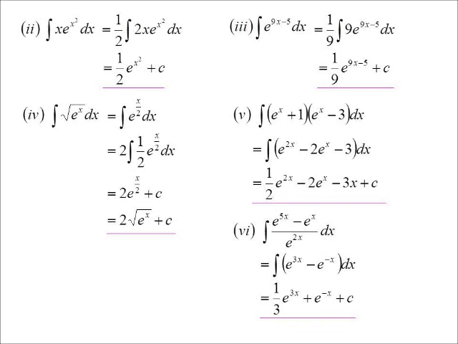A third, but minus becomes plus, so we've got plus e to the minus x when we integrate that one. Remember, if ever you're unsure about your answer, you can always check, because all you do is differentiate your answer and you should get back to the original question.